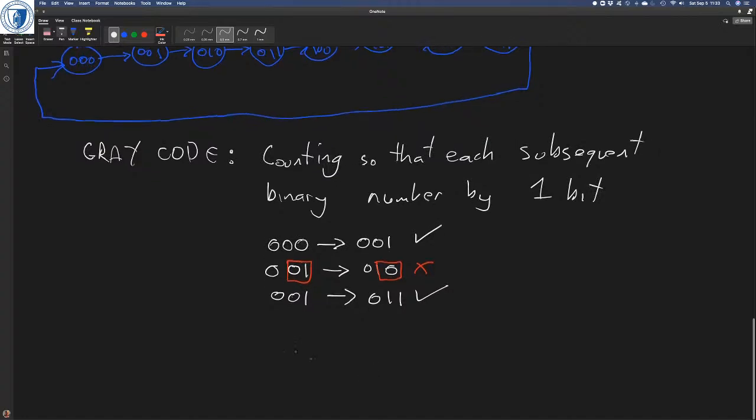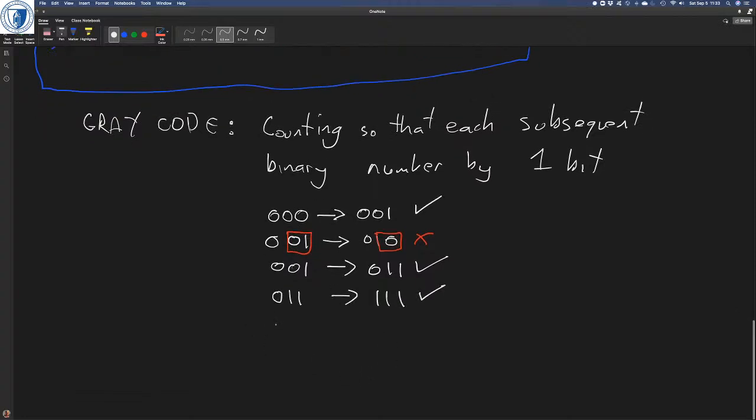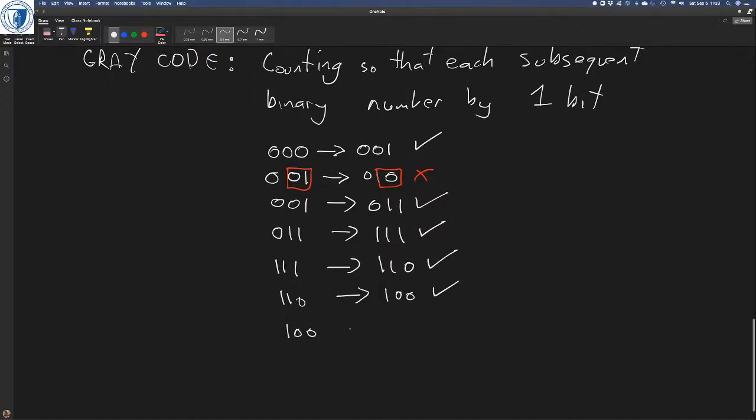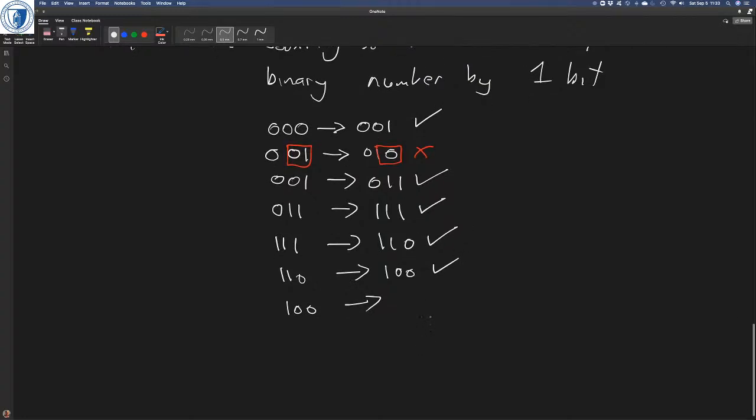And that's a grey code. Then from 0, 1, 1, you could go various places, but one way would be to 1, 1, 1. Then from 1, 1, 1, maybe you could go to 1, 1, 0, and from 1, 1, 0, maybe you could go to 1, 0, 0, and from 1, 0, 0, where would you want to go?